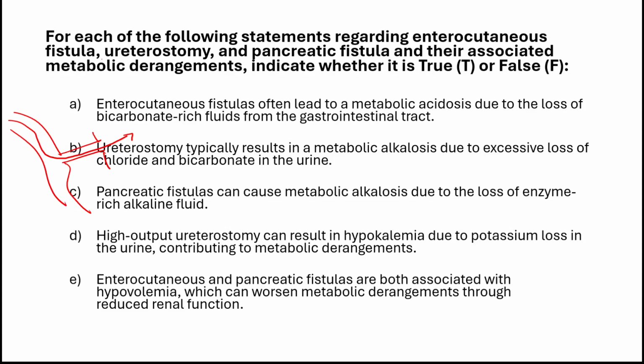The content within the small intestines is composed of bicarbonate, sodium, as well as potassium. So a high output intracutaneous fistula, more than 500 milliliters per day, would allow a large amount of potassium, sodium, as well as bicarbonate loss from the system. Because of the loss of bicarbonate, it can cause metabolic acidosis.